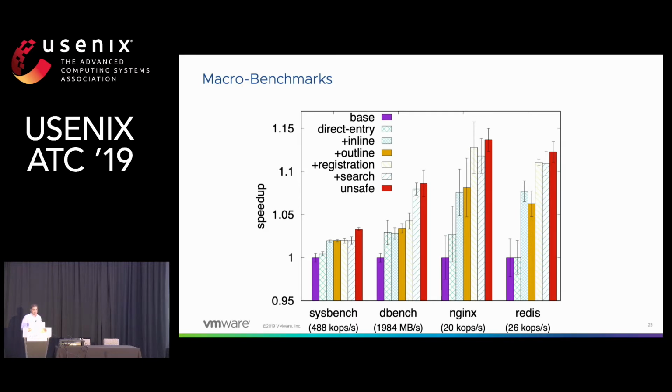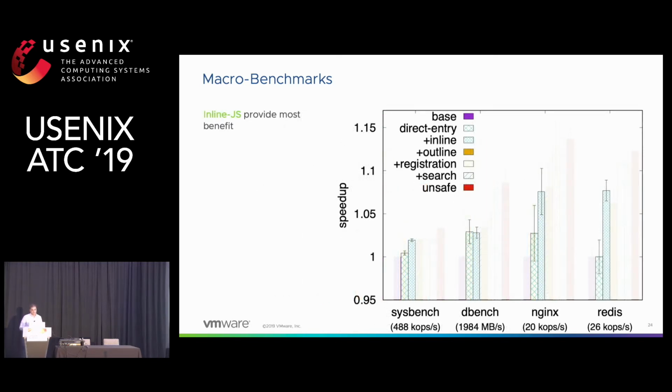Just to emphasize, the purple color shows the baseline performance, the performance of a protected system today. The red bars show an unsafe system, the optimum that we want to achieve: a system which is unprotected, without any Spectre v2 mitigations, without Retpoline.